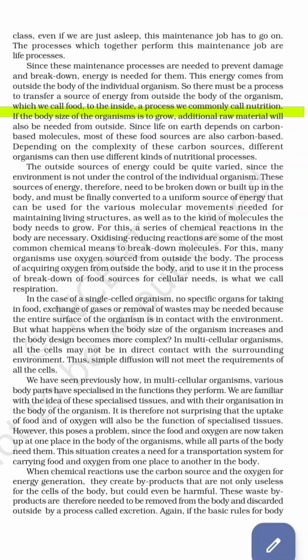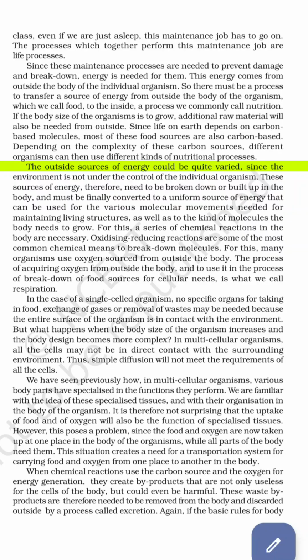If the body size of an organism is to grow, additional raw materials will also be needed from outside. Since life on earth depends on carbon based molecules, most of these food sources are also carbon based. Depending on the complexity of these carbon sources, different organisms can then use different kinds of nutritional processes.